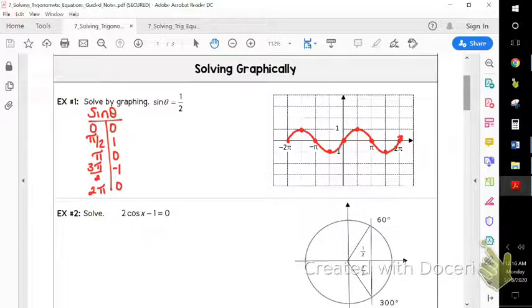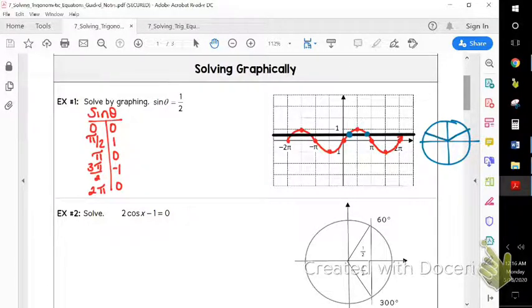Now, if I want to look where it's equal to 1/2, where is 1/2 on our y's? It is approximately right here, and we can see that they are equal right there, between 0 and 2 pi. It's hard to tell exactly where those are, but think about what you know on the unit circle. Where is sine equal to 1/2? Sine is positive in quadrants 1 and 2.